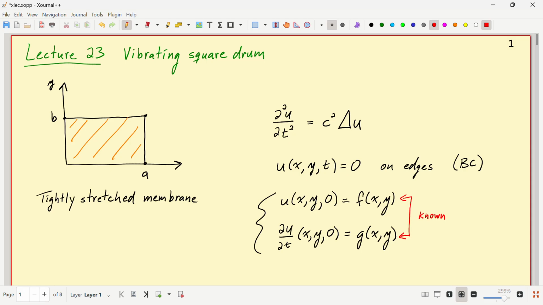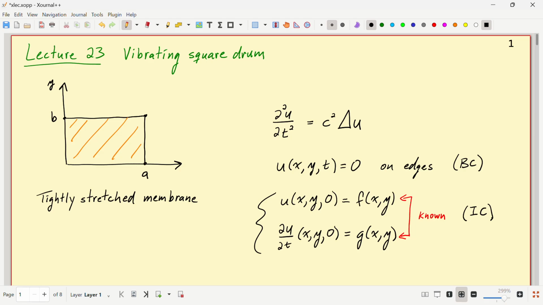And the fact that the membrane is pinned down on the rim of the drum, that's the boundary condition. So it doesn't move on the boundary of the drum. I'll call that BC for boundary condition. And these conditions are known as the initial conditions, so I'll call them IC. That's the basic problem.